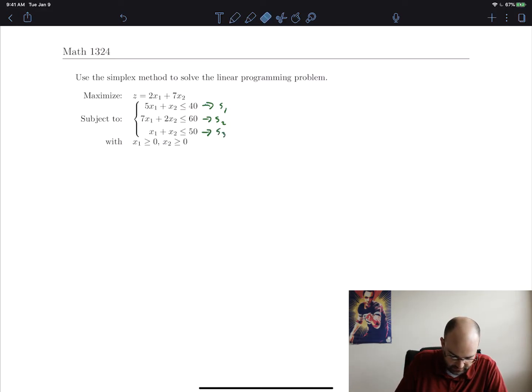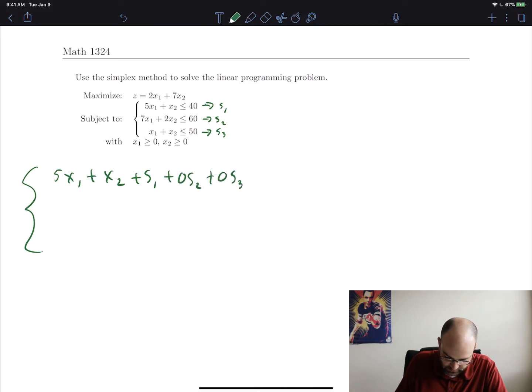So putting this into a system of equalities, that's going to give us 5x1 plus x2 plus s1 plus 0s2 plus 0s3 plus 0z, all equal to 40.